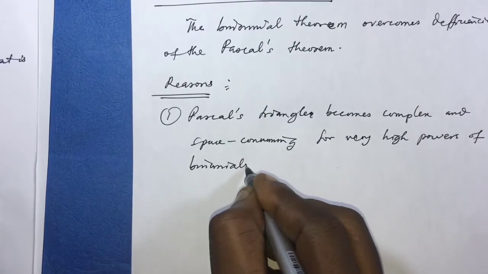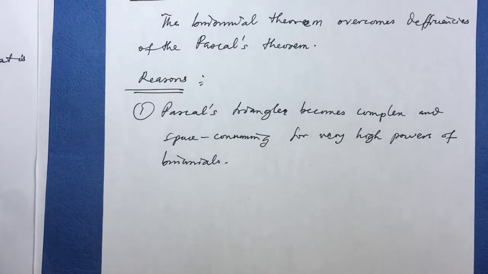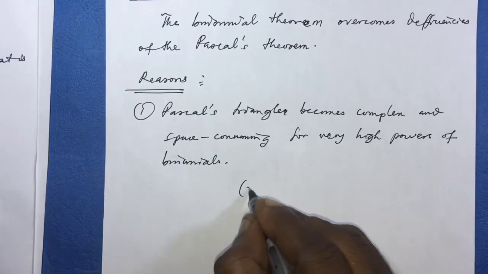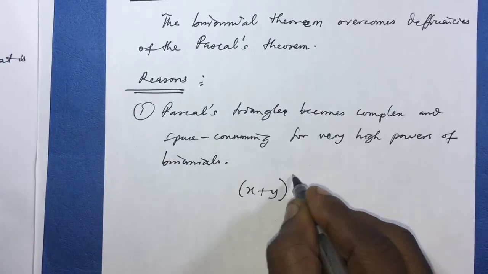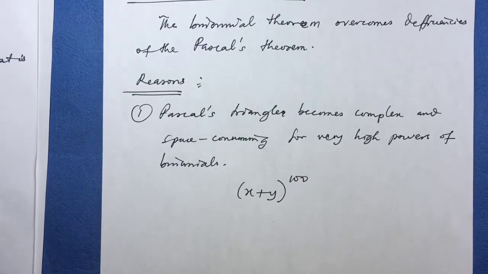So it becomes very difficult to use Pascal's triangle if you want to expand binomials with very large powers. So, for instance, if I gave you x plus y raised to power 100, it becomes very difficult to do what we've done using Pascal's triangle.